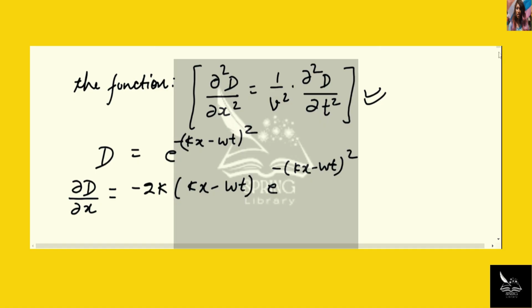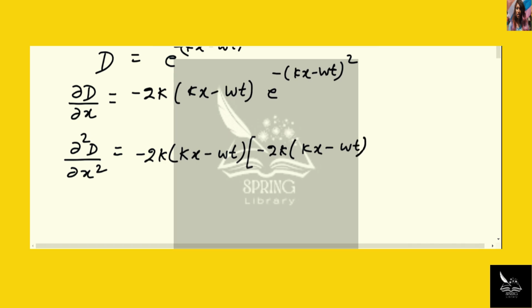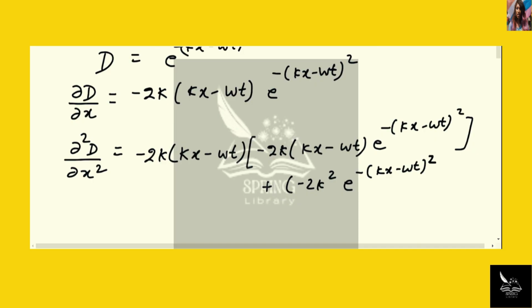Now again we will differentiate with respect to x, so ∂²ψ/∂x² = -2k(kx - ωt)[-2k(kx - ωt)] e^(-(kx - ωt)²) + (-2k²) e^(-(kx - ωt)²).